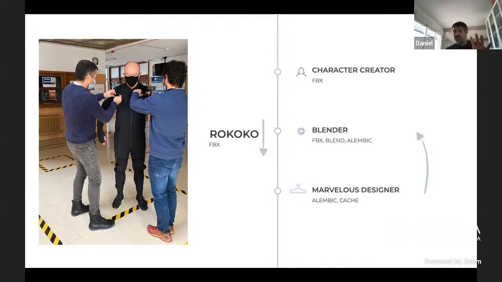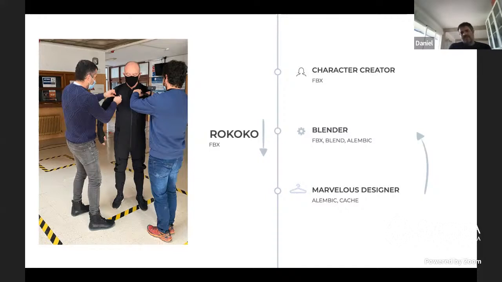So following the previous slide, this is the rest of the pipeline. You basically create a character and export it in FBX. This is not the only pipeline, but this was our pipeline, and it's pretty standard, I must say. So FBX from Character Creator or similar packages to Blender.